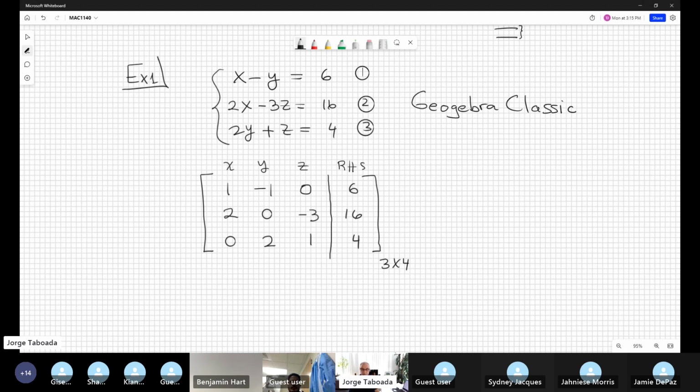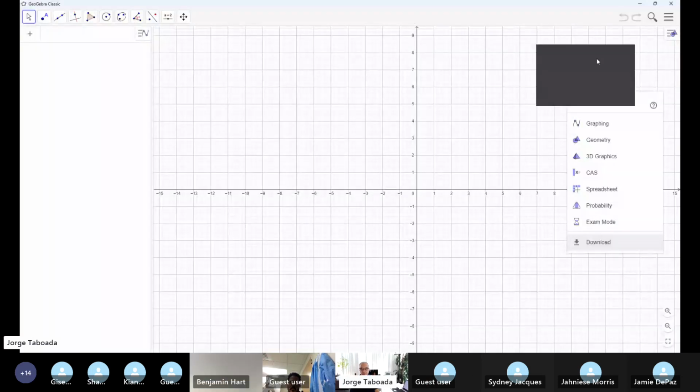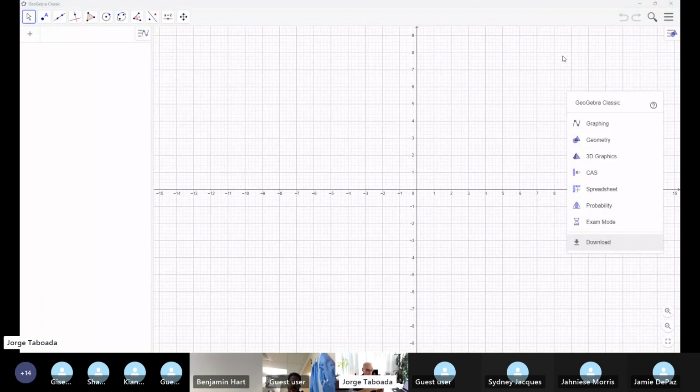Let me try to open. Do you see GeoGebra? There are two GeoGebra apps. One GeoGebra is for geometry. No, this is Classic.